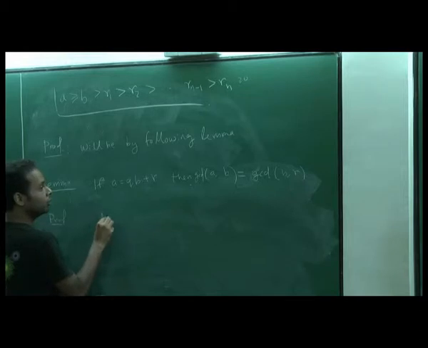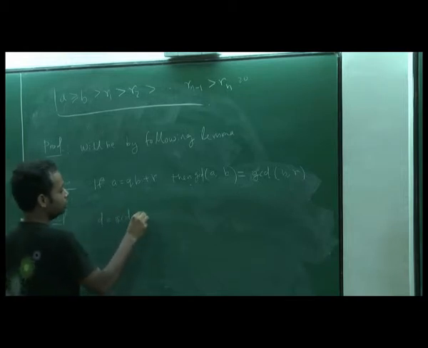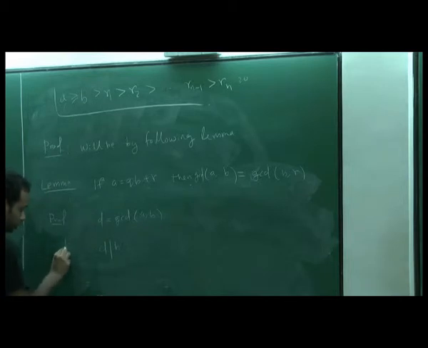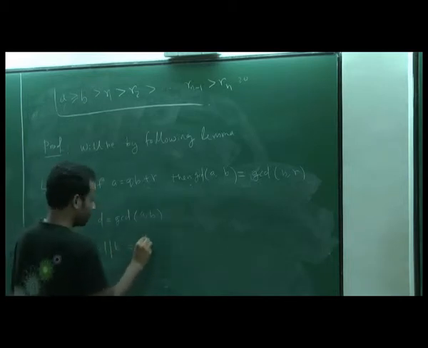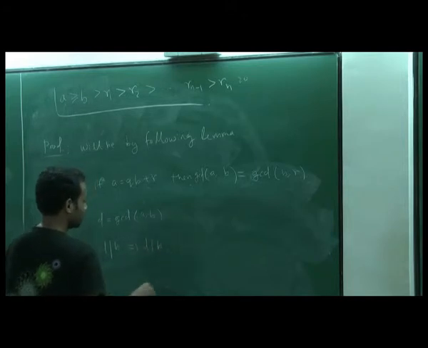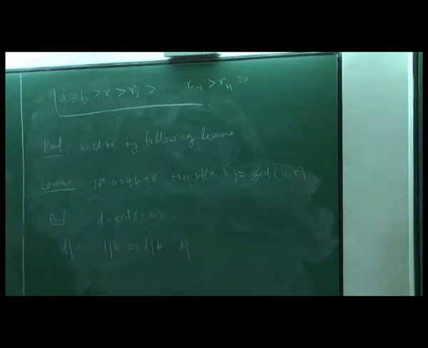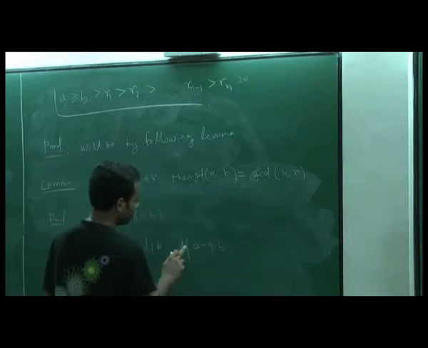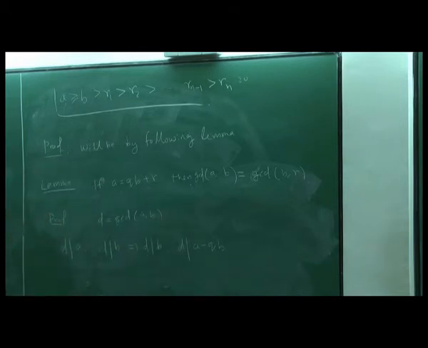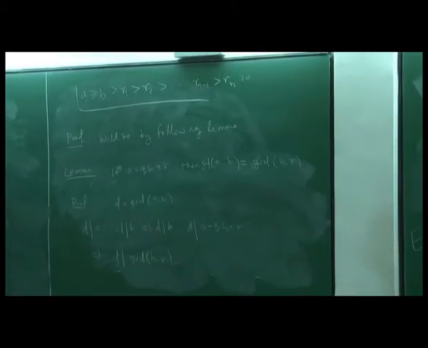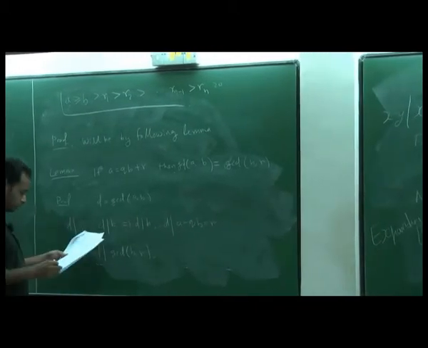Suppose D equals the GCD of A and B. Then D divides A and D divides B certainly, which implies D divides A minus QB, because D divides A and D divides B. So D divides A minus QB, which is equal to R. What does this imply? D divides the GCD of B and R.